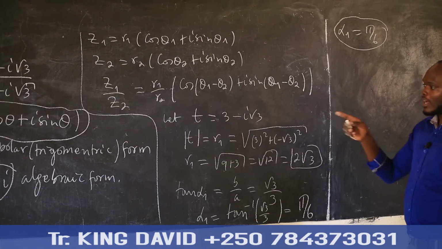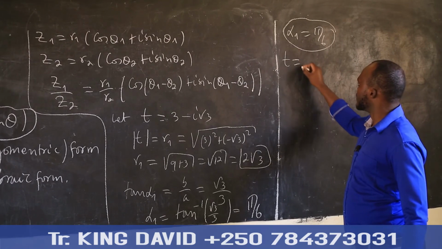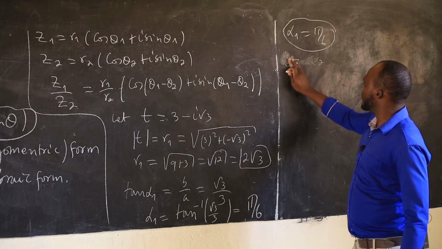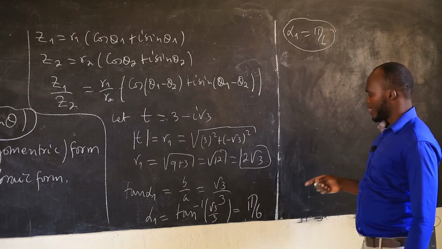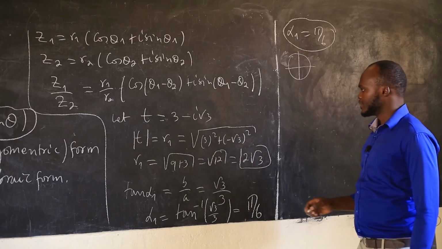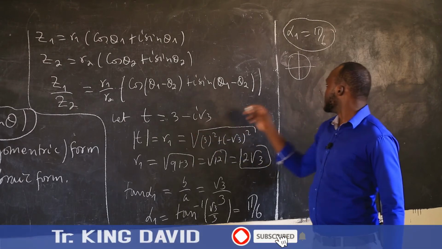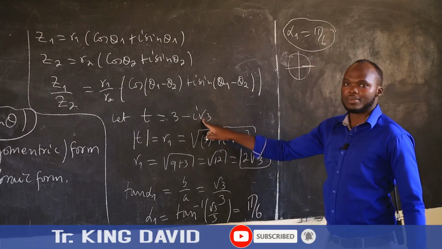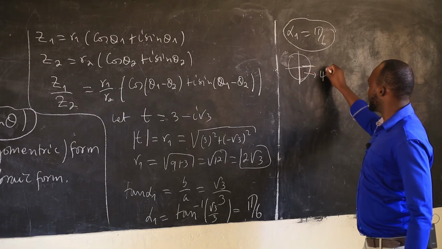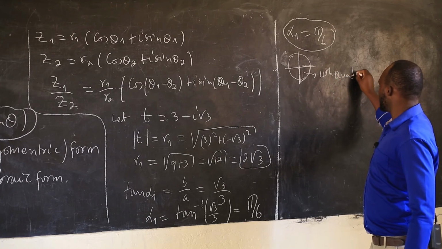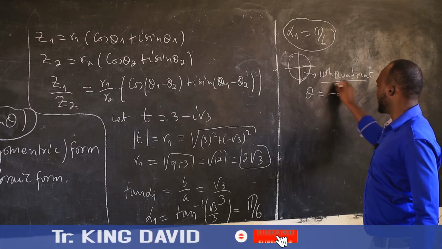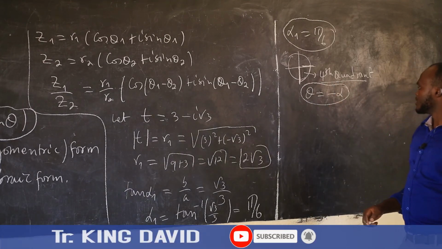So meaning that our t in polar form will be 2 root 3, sorry, before I go to that, this is alpha. We're going to find the argument. So in which quadrant is t located? Its a is positive and its b is negative. So now we are in the fourth quadrant. In the fourth quadrant, remember, our angle equals negative alpha.